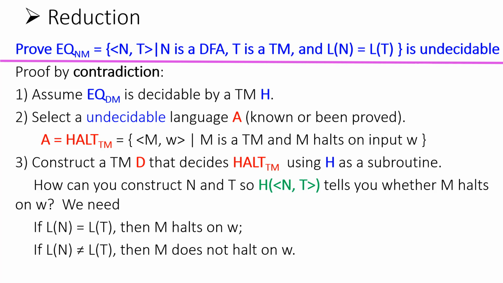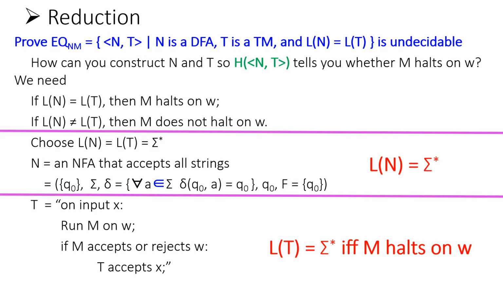More specifically, we want to construct N and T for use such that these two statements are true. If Ln equals Lt, then M halts on W. And if Ln does not equal Lt, then M does not halt on W. This is still kind of too general for us to construct N and T, so we further narrow down the options for N and T. We restrict Ln and Lt to be the set of all strings over sigma.